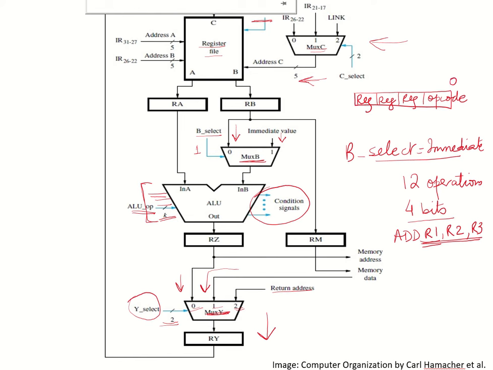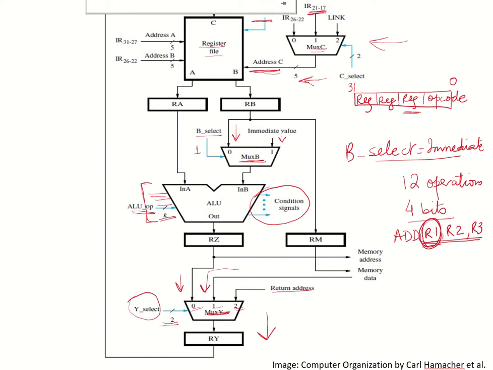This was bit 0 and this was bit 31, assuming it is a 32-bit instruction. If it was a 3 address instruction, the destination register could be from bits 17 to 21. So in case of a 3 register instruction, IR bits 21 to 17 would be allowed to specify the address of the input port.